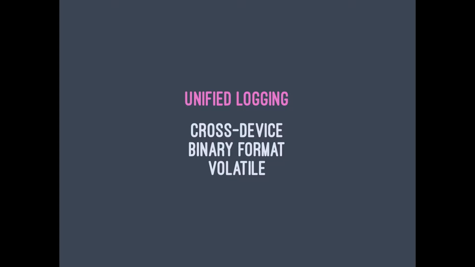They announced this in 2016 at WWDC, and to quote the engineer on stage, who said, "What we wanted to do was build one common efficient logging mechanism across the whole system that could be used in both user mode and kernel mode."